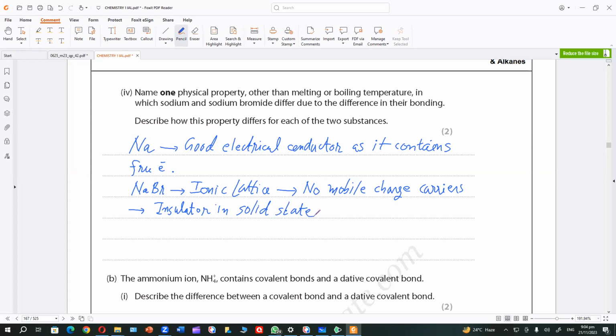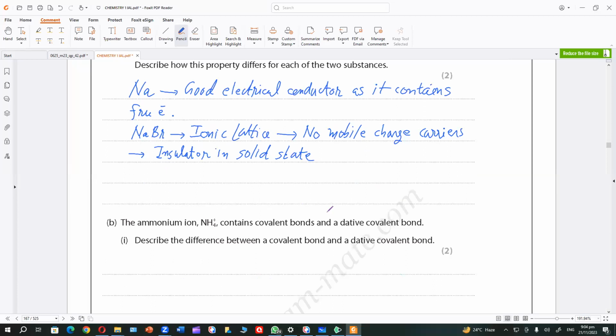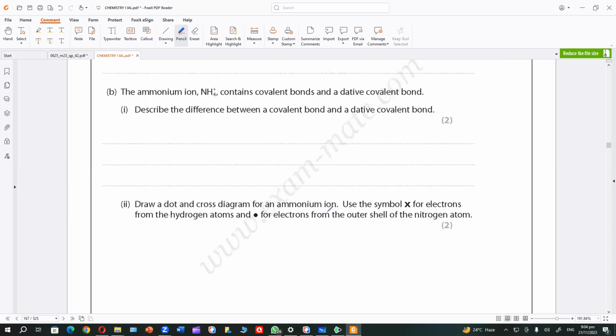Ionic compounds are not good conductors in their solid state. They are good conductors in the molten state, but in solid, they are good insulators. So these are the questions in which you have to improve your answer quality so you can get a good result, because MCQs, I feel you're doing well.